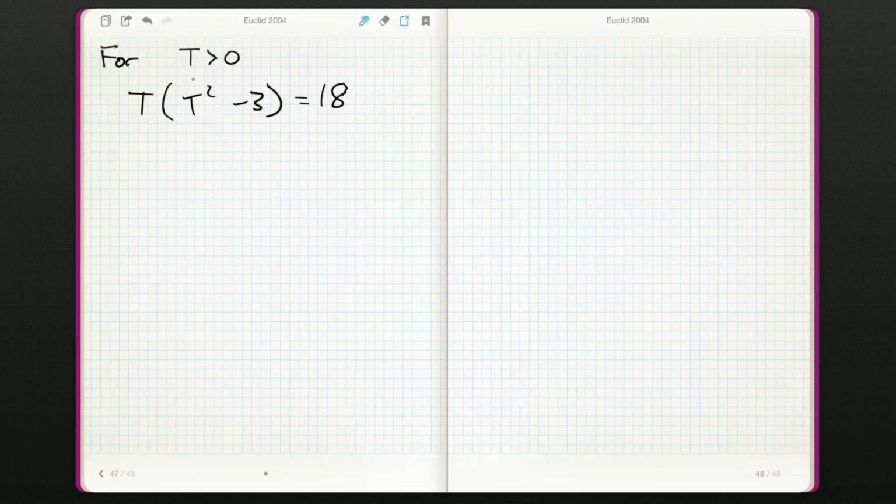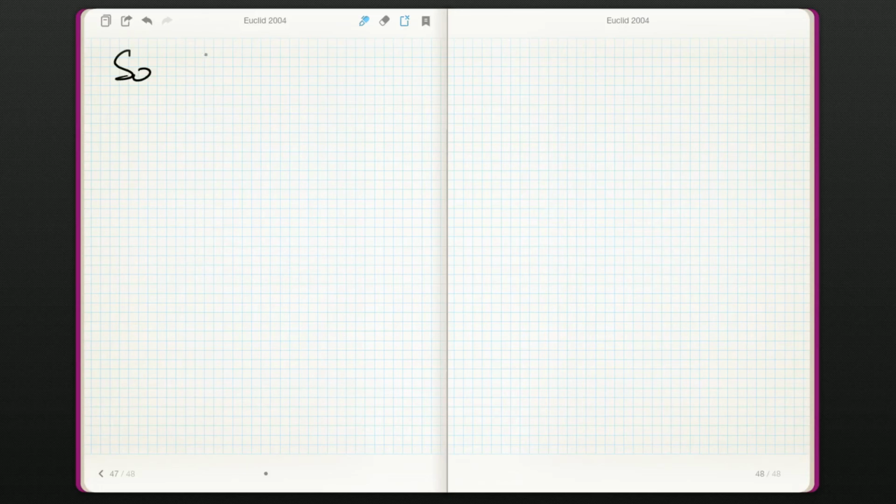Oh, well, if we know there's got to be a positive solution, now I think we can use the graph. So there can only be positive solutions.